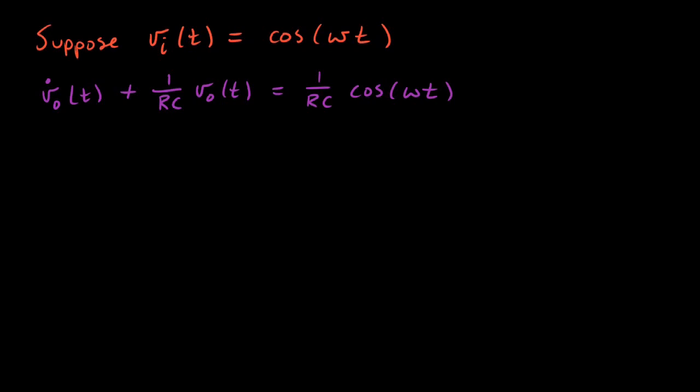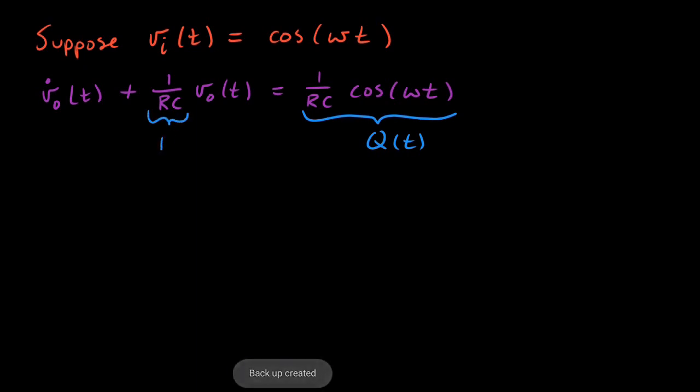Now just to keep ourselves sane, this whole expression on the right is my Q of t. It's a little more complicated, but P of t is just a constant 1 over RC.